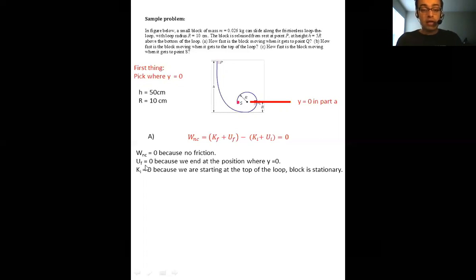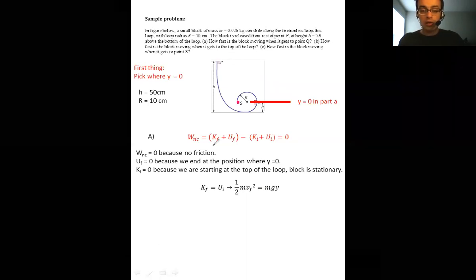We know that the initial kinetic energy, or K sub I, is also equal to 0 because we're starting at the top of the loop and the block is stationary. It's released from rest. So again, we are not throwing the block down this thing. It is released from the very top. It is stationary, right? So what this allows us to do is greatly simplify this expression.